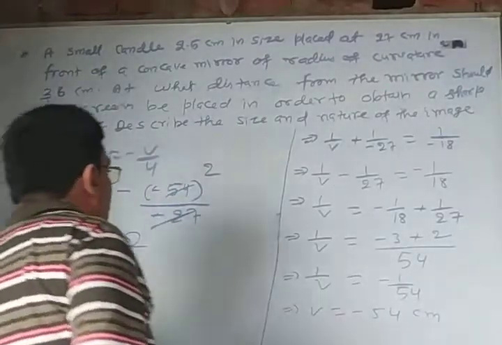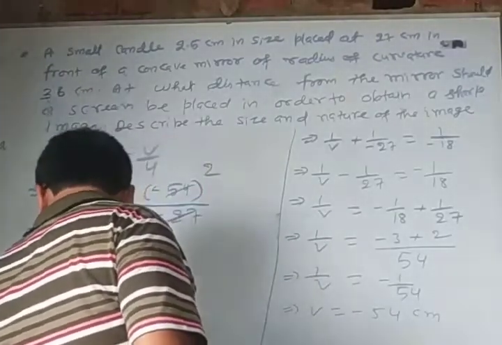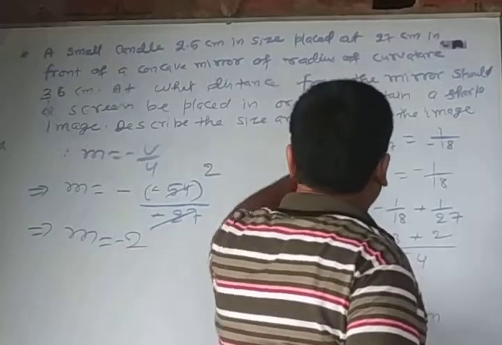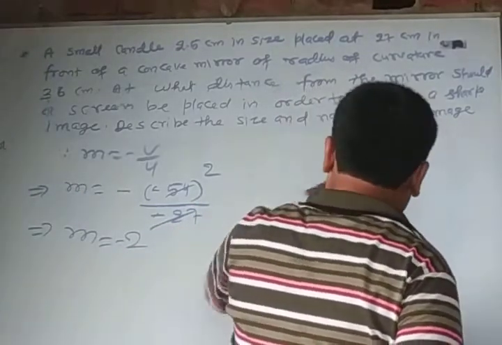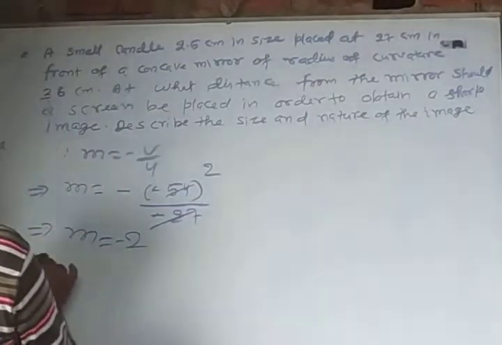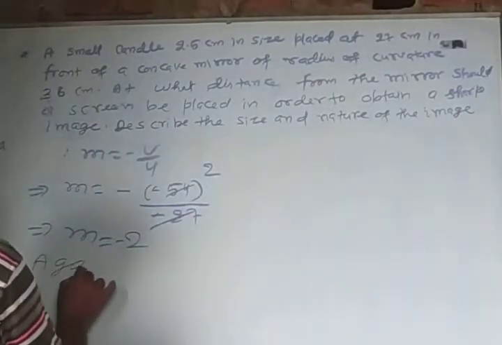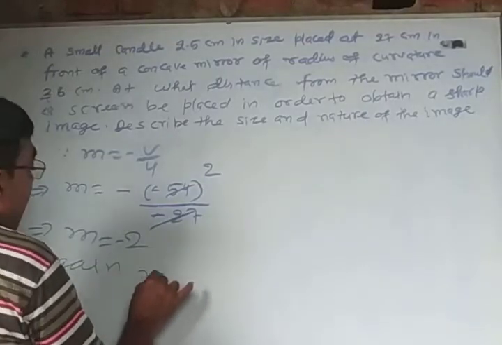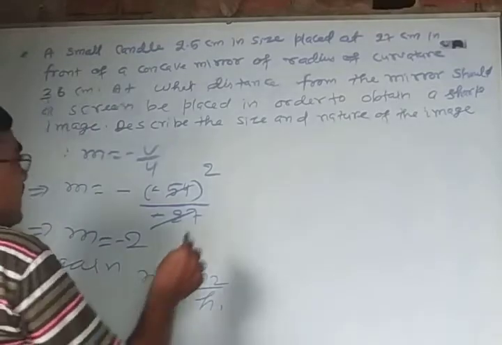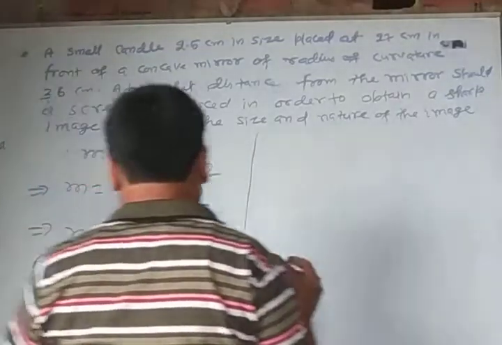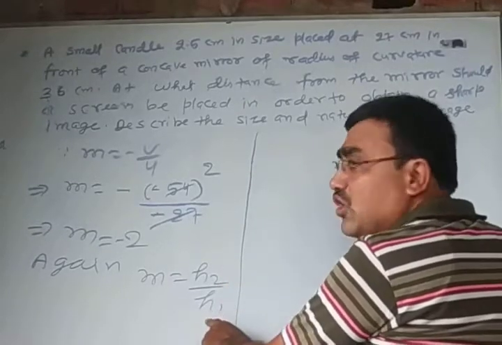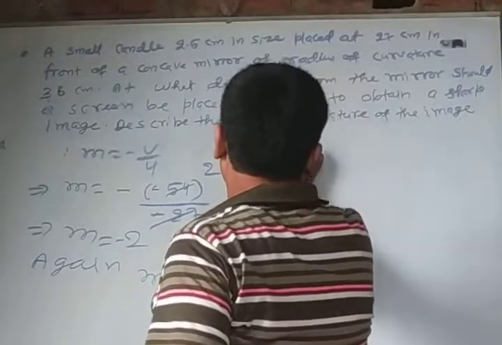Again, we know that m is equal to h2 by h1, where h2 is the height of the image and h1 is the height of the object.